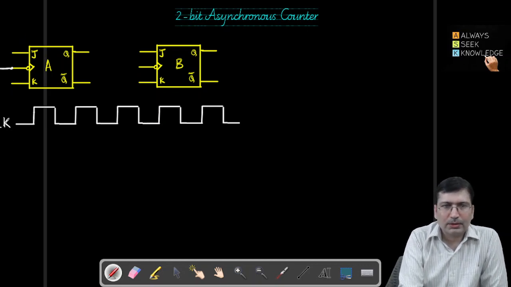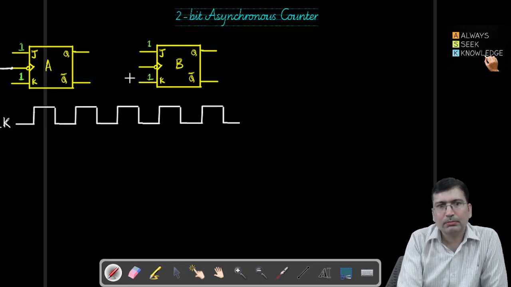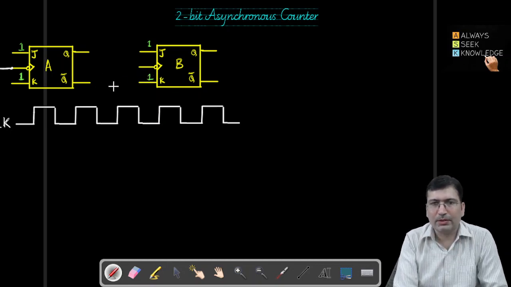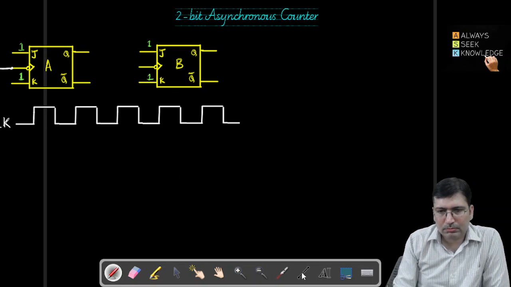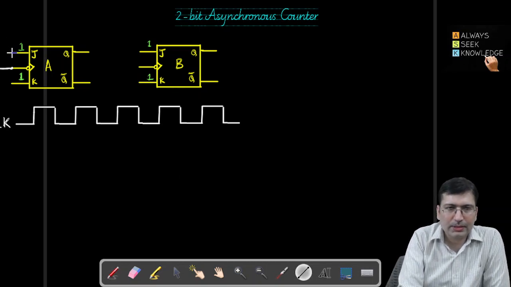So at both the pins, we pass high value or 1, and here also we want to set 1, so that these flip-flops start toggling whenever the transition happens in the clock according to the triggering. So let's connect these pins like this.